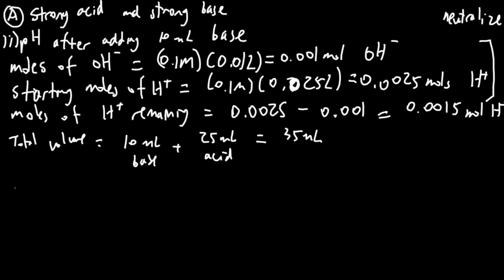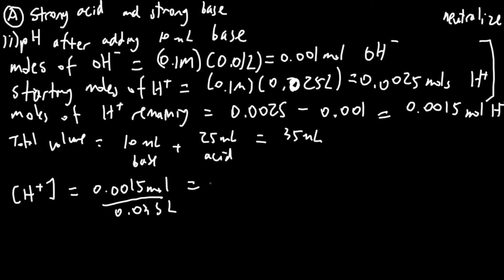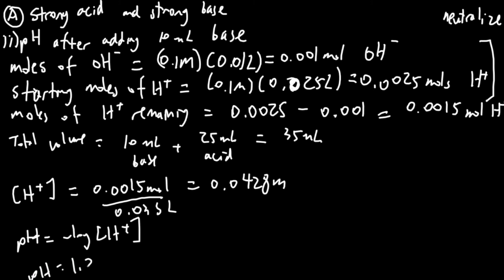To calculate the pH, you have the concentration of H plus, so you know that you have 0.0015 mole of H plus divided by the volume, which is 0.035 liters, and this gives us 0.0428 molar. If you plug this into our pH equation, pH equals negative log H plus, pH equals 1.37.